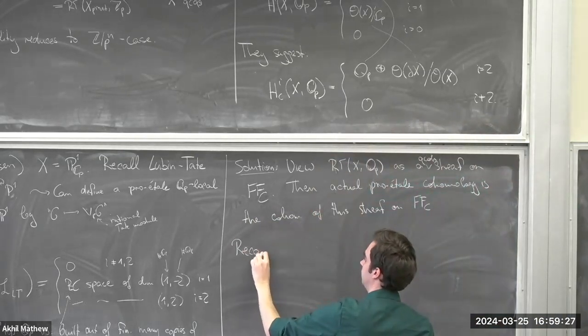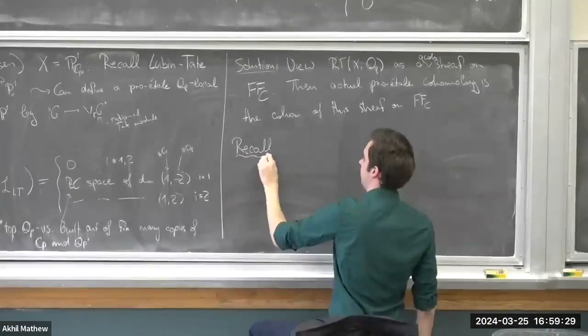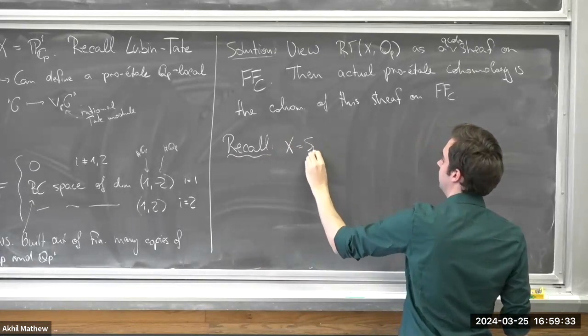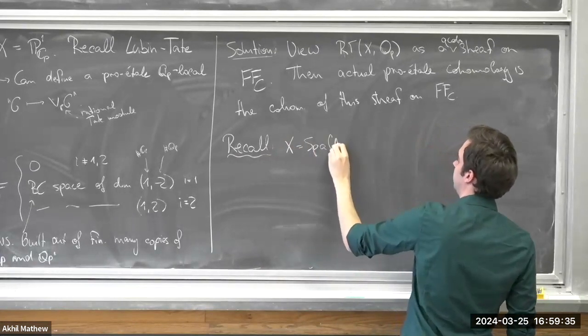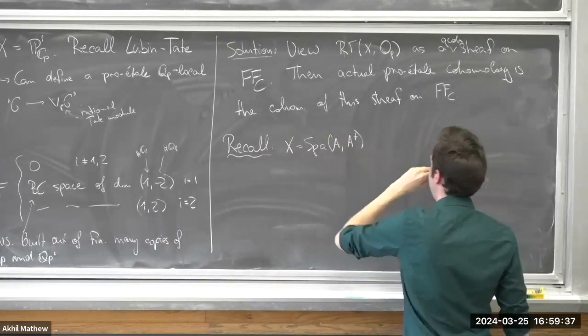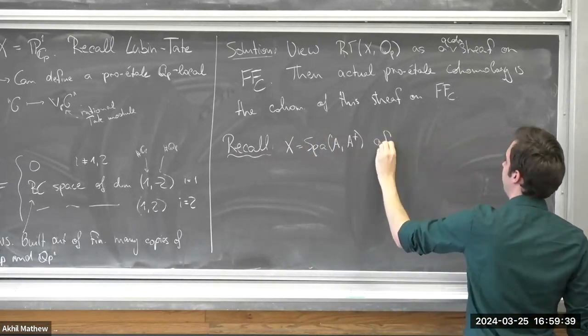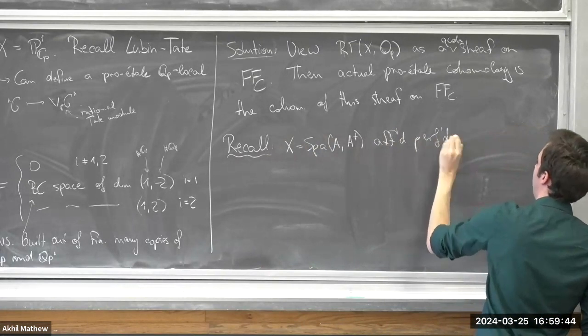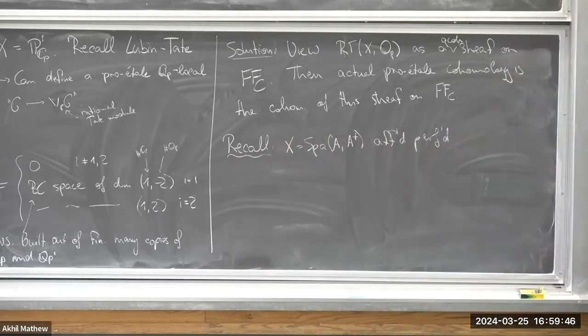So recall, I'm in the perfectoid setting again, and the Clausen-Scholze curve is constructed as follows.